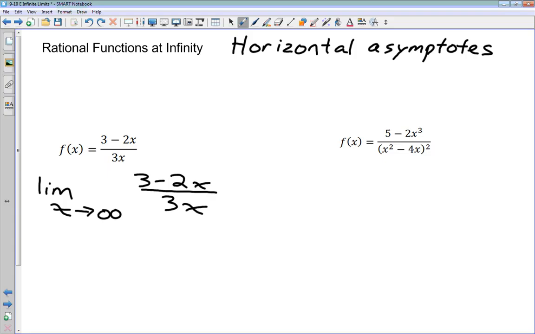How do I evaluate this limit? Well, what we're going to do is follow the same procedure every time. We are going to look at our function, and we are going to divide each term in our function by the highest power of x that we see in that function.